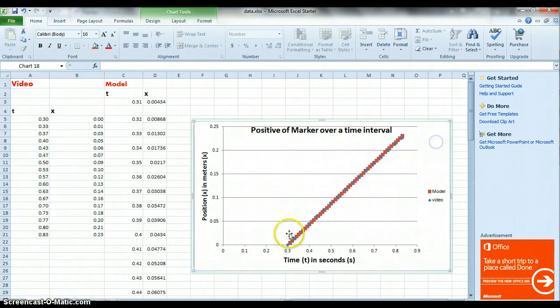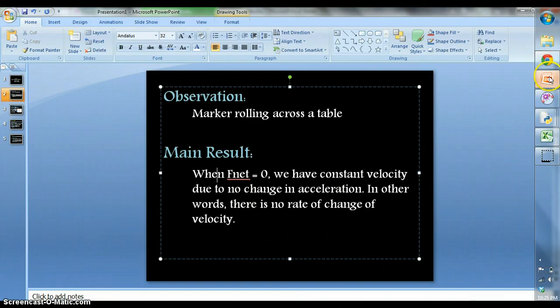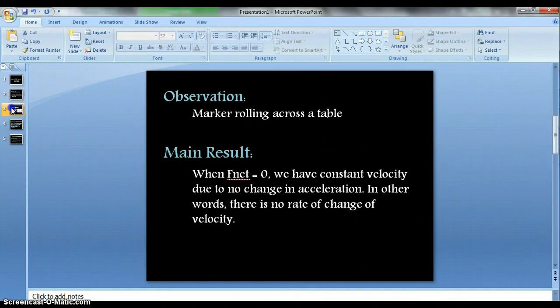And then I plot it on this graph right here, and they're represented by the blue diamonds. You can barely see them, but they're there. And you can tell from the slope of this line that it's constant velocity because it's a straight line. So after I got my data points from the video, I was able to start making my model.